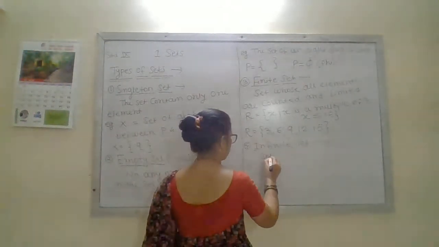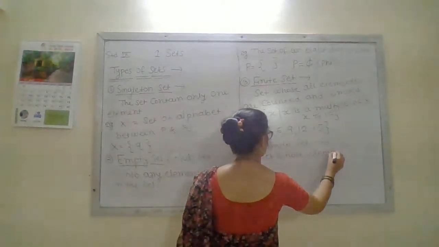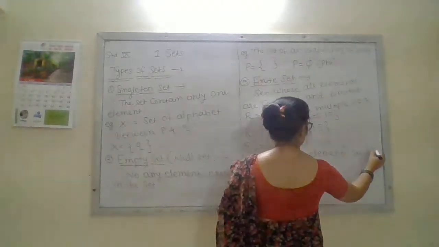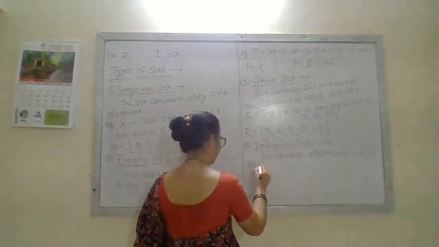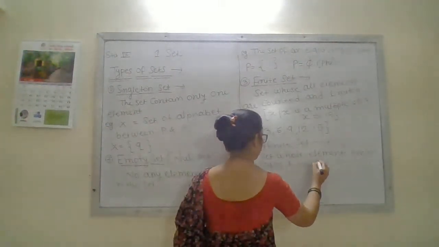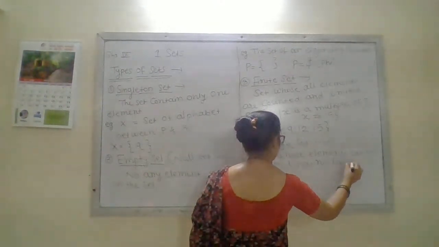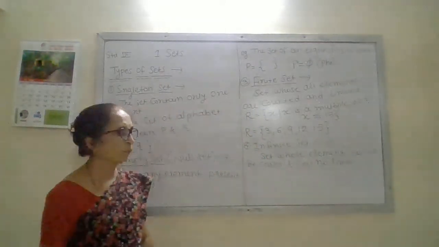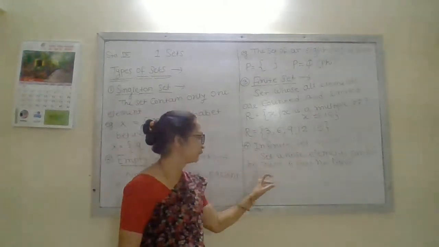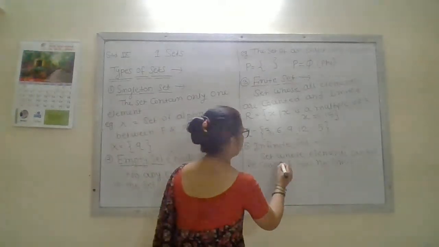It is the set whose elements cannot be counted and has no limit. I have only given the meaning here; the proper definitions are given in the textbook, so refer to that.